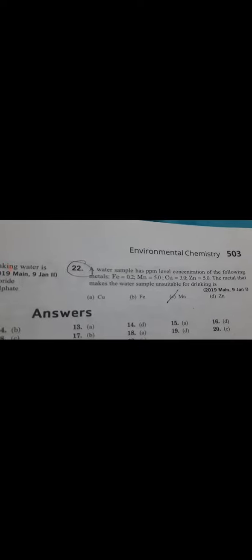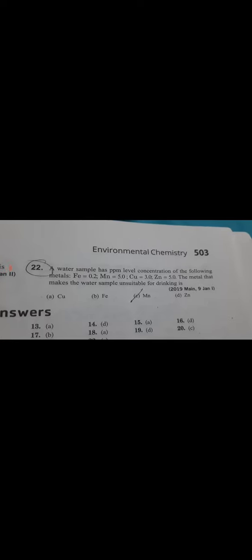And the last question for today is a water sample has ppm level concentration of the following metals: ferrum, manganese, copper, zinc. The metal that makes the water sample unsuitable for drinking is manganese. Okay.